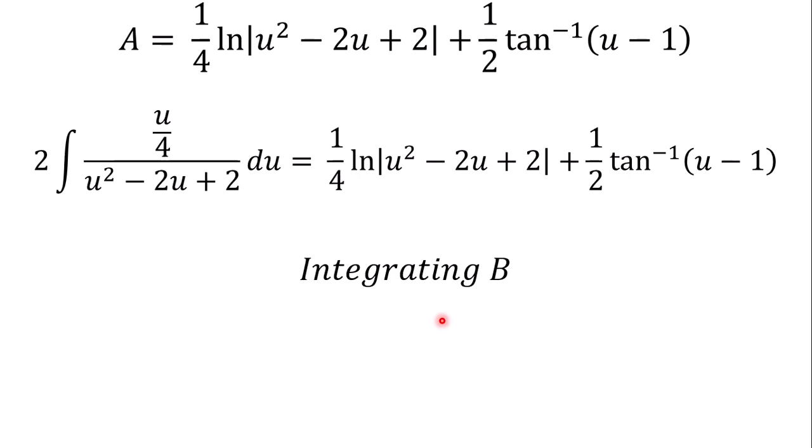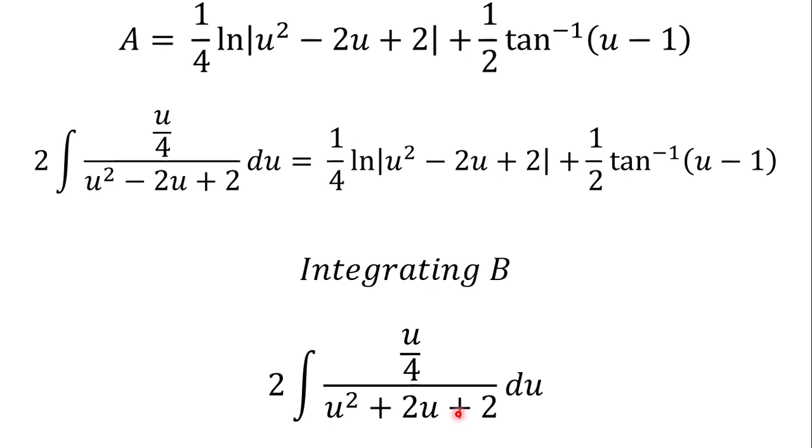Integrating B. How we solve integral A is going to be the same thing as how we are going to solve integral B, just that B, the denominator is what?